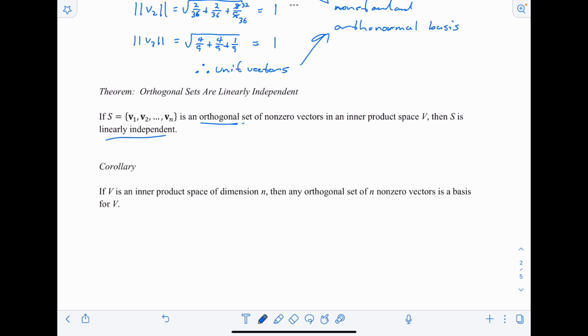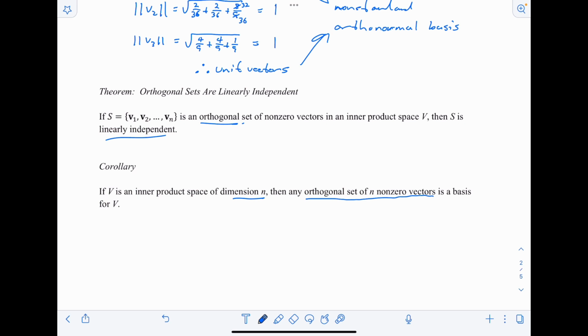So in other words, again, if we've got a vector space V of dimension n, so a 2 space, a 3 space, a 4 space, or whatever the case might be, we could be in matrices, we could be in polynomials, it doesn't matter, then any orthogonal set of n non-zero vectors. So notice, and we talked about this also in chapter 4, this idea that if the dimension is n, then the basis is going to have n vectors in it.